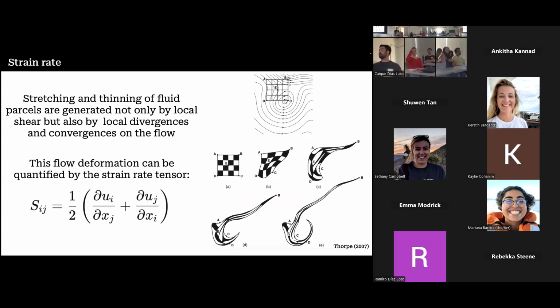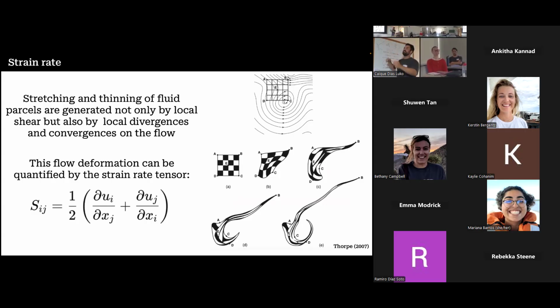So if you think about a submesoscale front, say you have an eddy here and another eddy here. This region has a lot of convergence and a lot of variation in current, a lot of lateral shear. This is going to be a region with strong strain, which means that the tracers are going to accumulate and stretch in these regions.